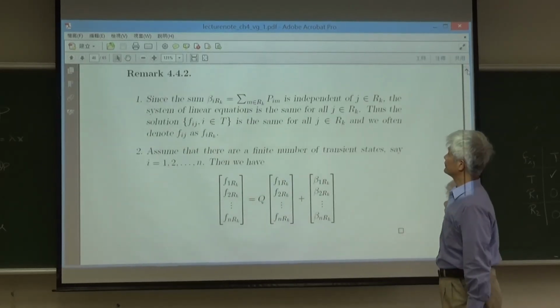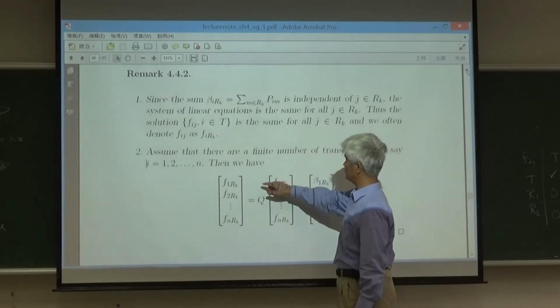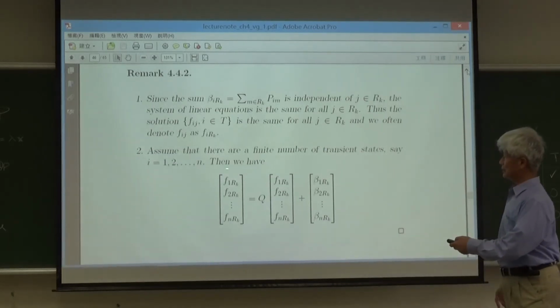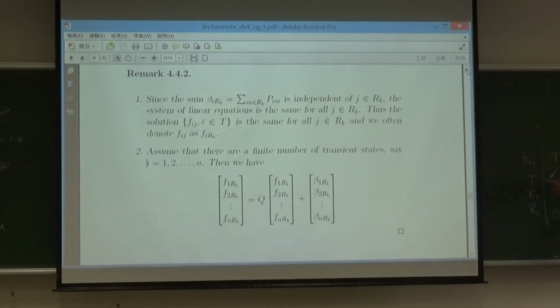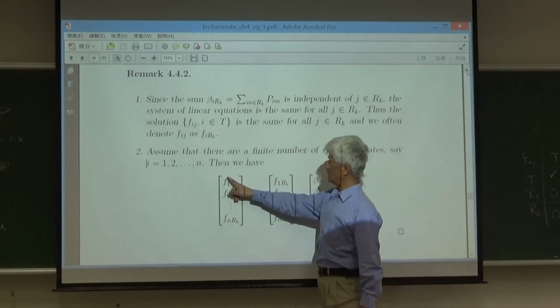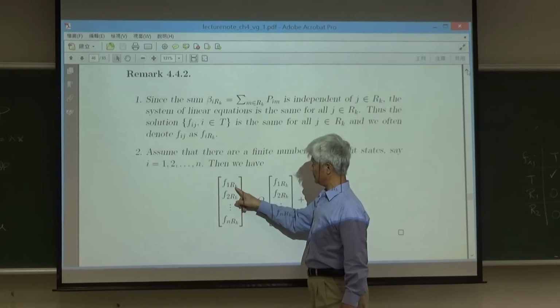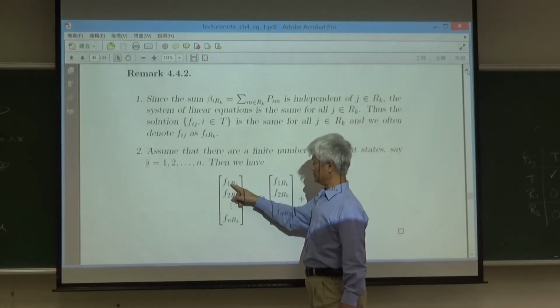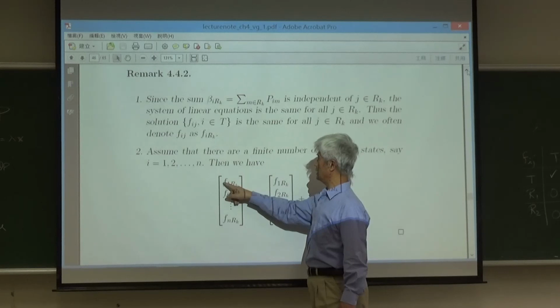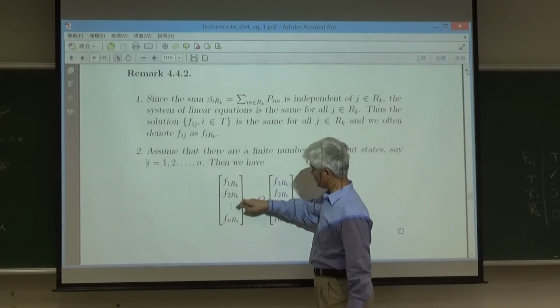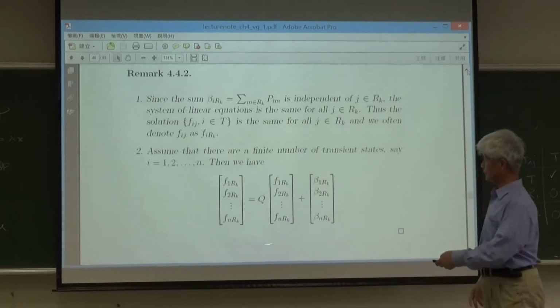That's why what we find is that they have a common value. So the first passage probability from a state I to any state in R_K will be the same. So that's why the first passage probability will be from a transient state I to R_K, because for any state J in R_K, the F_iJ will be all the same. So we will establish the system of linear equations in this way.